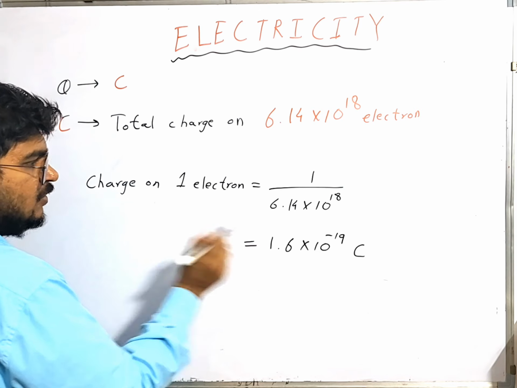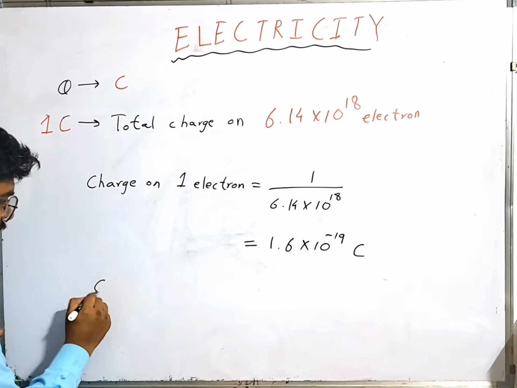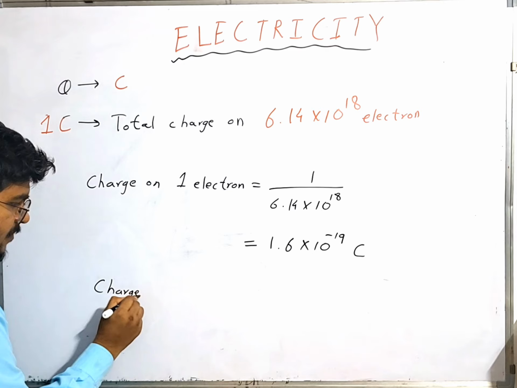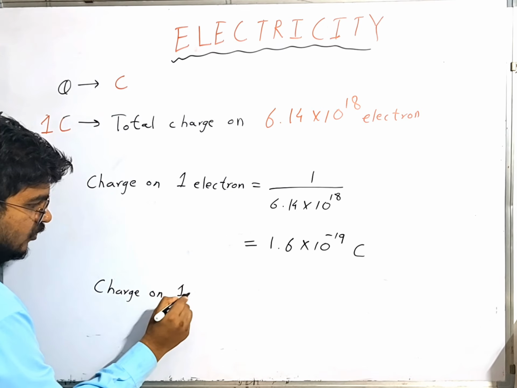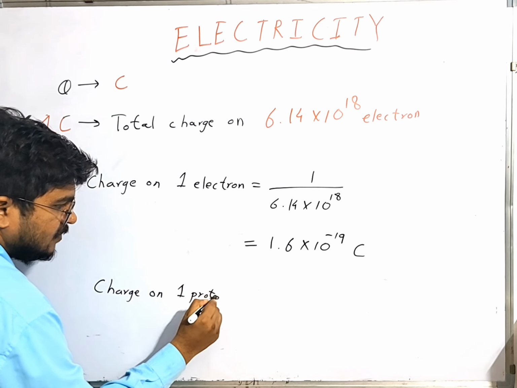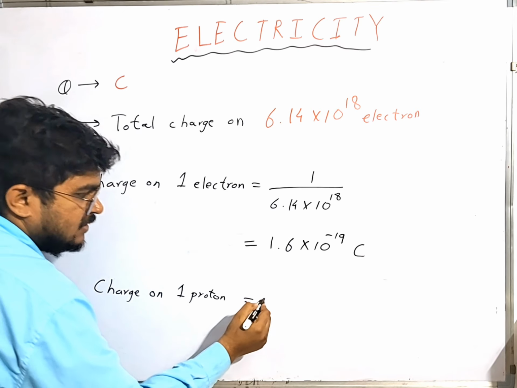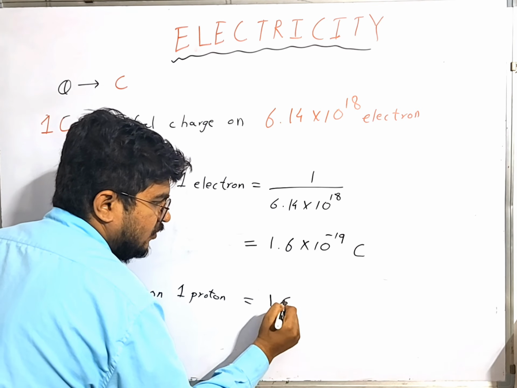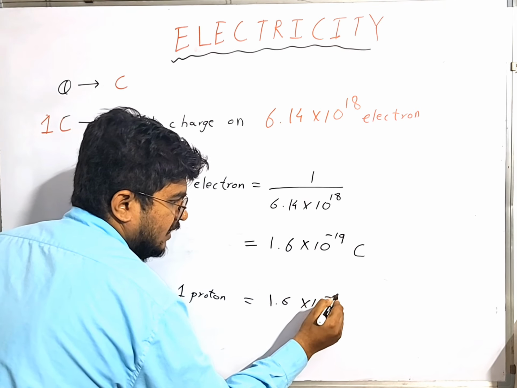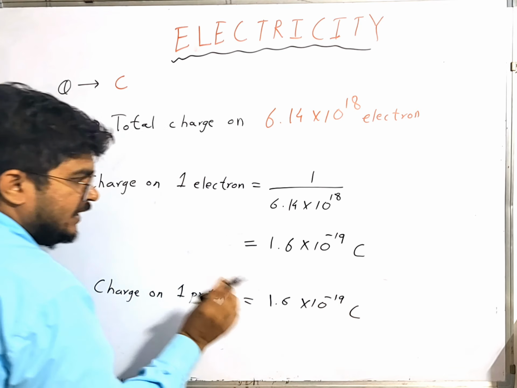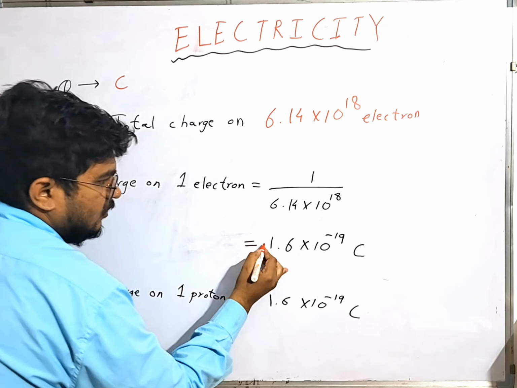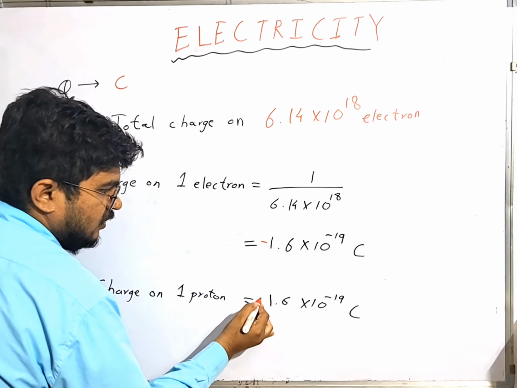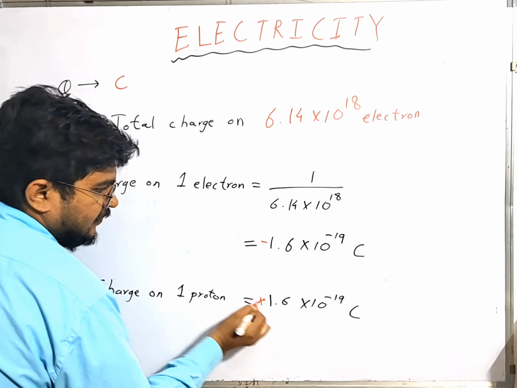This is the charge on 1 electron, and the charge on 1 proton is also the same as this, that is 1.6 into 10 raised to minus 19 coulomb. The only difference is the charge on electron is negative charge and the charge on proton is positive charge.